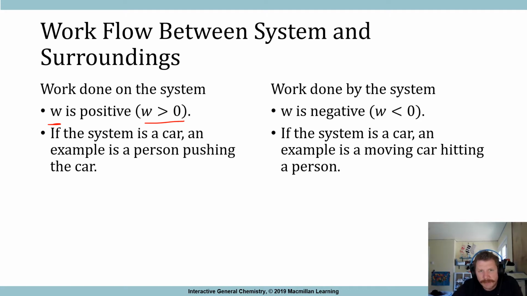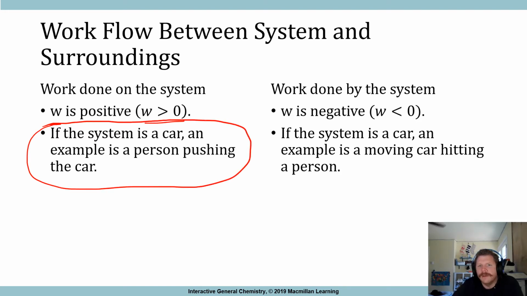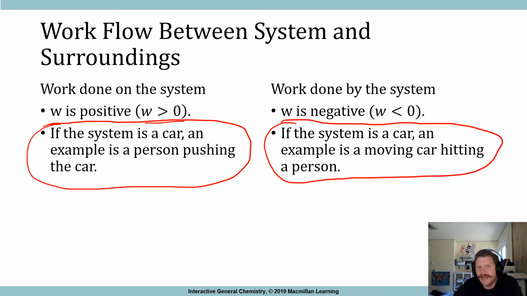If the system is a car, an example is a moving car hitting a person. That is an instance where W is less than 0. So W is negative. Work is done by that system compared to work being done on that system.